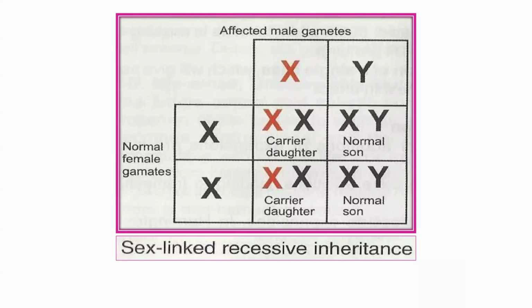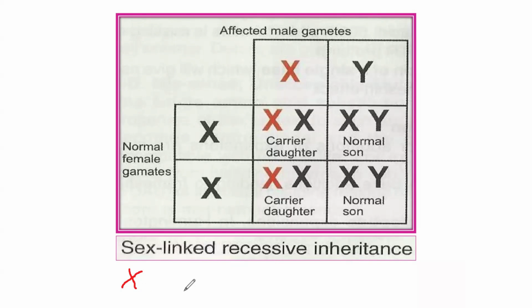So the sex-linked recessive most often refers to X-linked recessive because the disease is usually passed on through the X chromosome. It can also be called X-linked recessive inheritance. Usually this X-linked recessive inheritance disease mostly occurs in males.